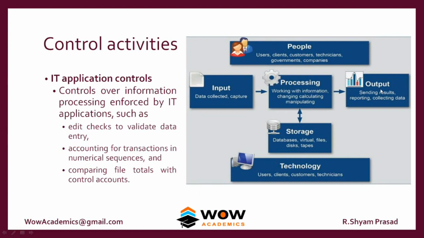The lower level management should only get the reports which are useful to them. So it's about sending results, reporting, and collecting data. Each person should be given a login and a password through which only his area of activities can be viewed.